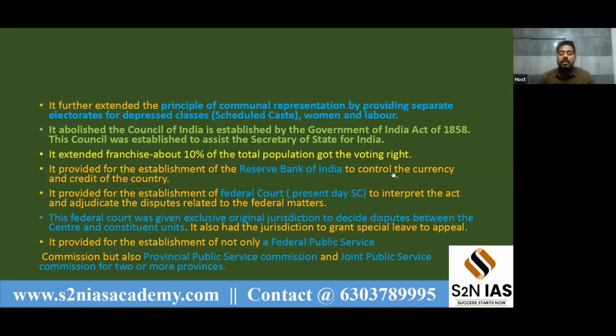About 10% of the total population got voting rights. In the 1919 Act itself, I said around 10% representation was there, but at that time it was much less than 10%. Even till the 1935 Act, the representation amounted to 10% of the total population.